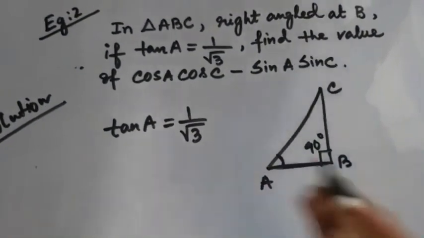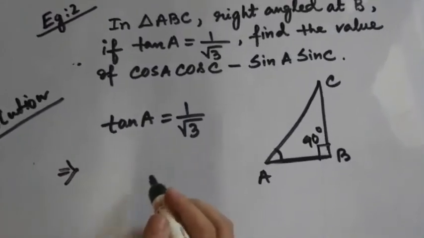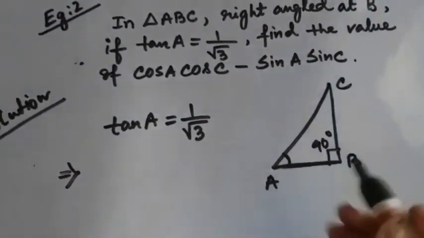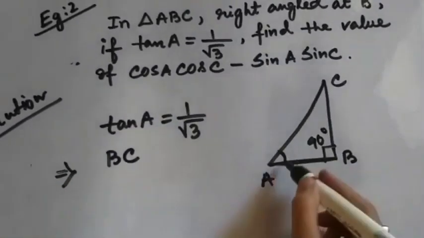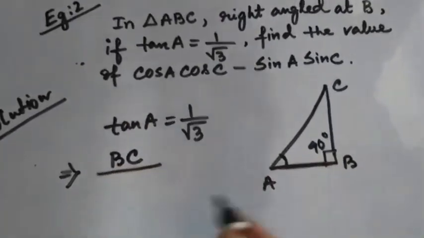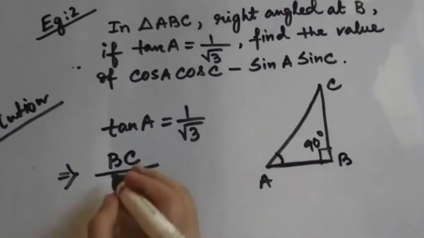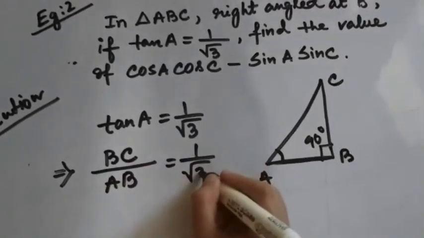Okay. That means tan A will be perpendicular divided by base. That means opposite side of angle A divided by adjacent side of angle A. That means BC by AB equals 1 by root 3.